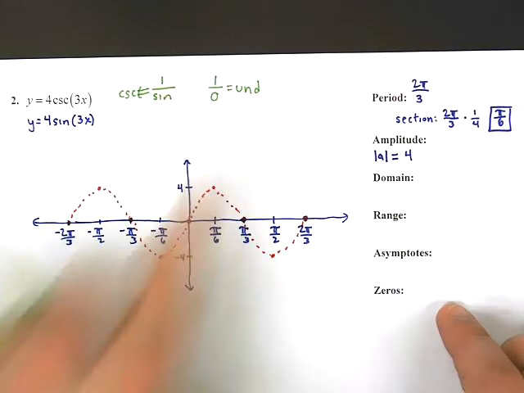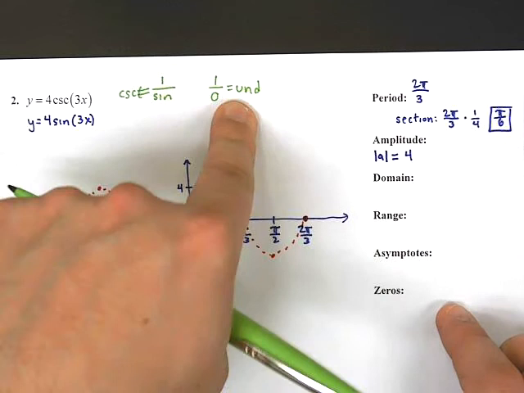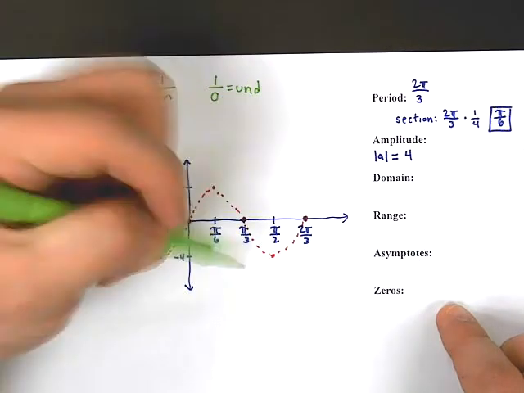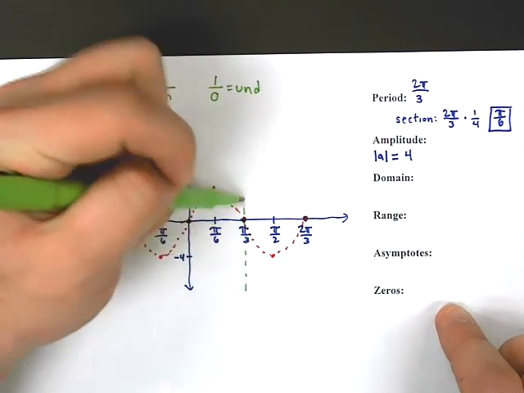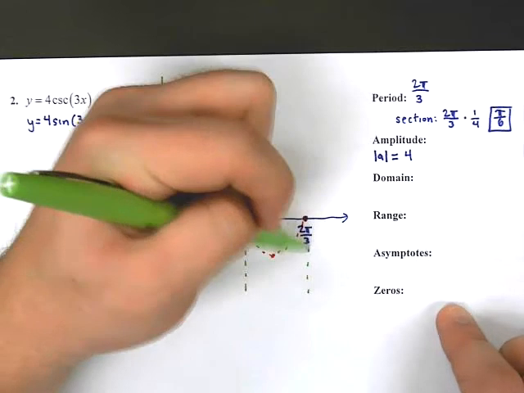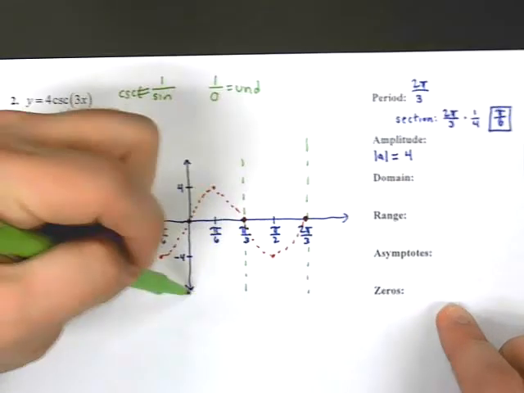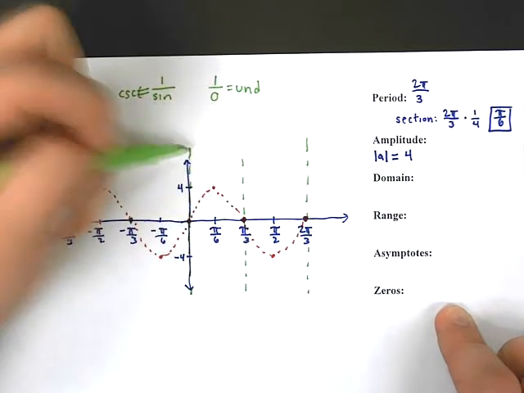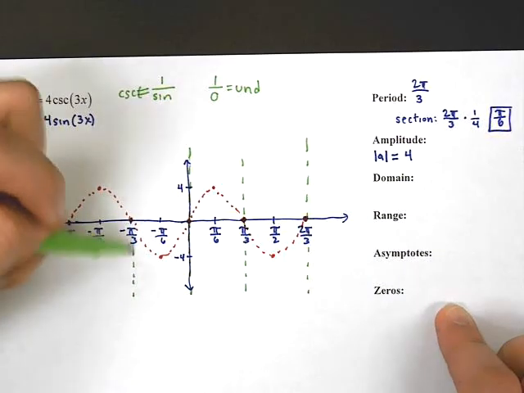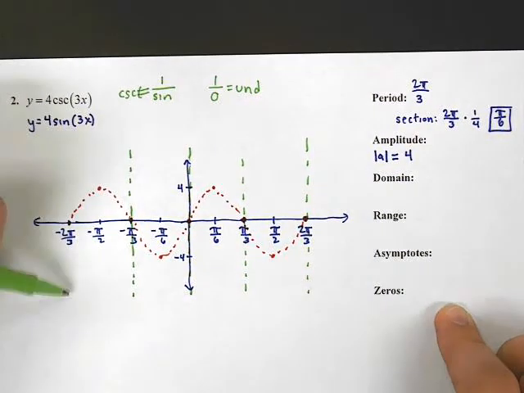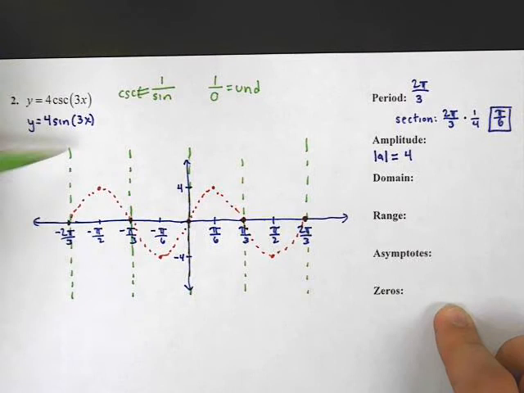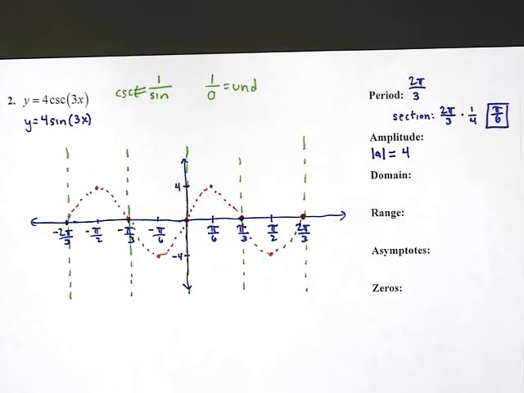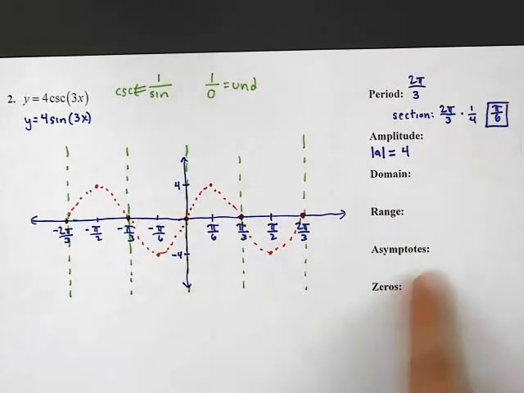And when we have undefined values, that leads to, you guessed it, vertical asymptotes. So anytime you see a 0, you need to place a vertical asymptote. That's the first step. And we will write about those in a little bit.